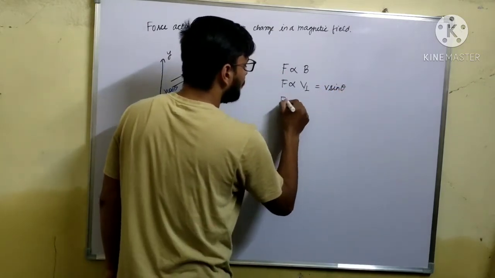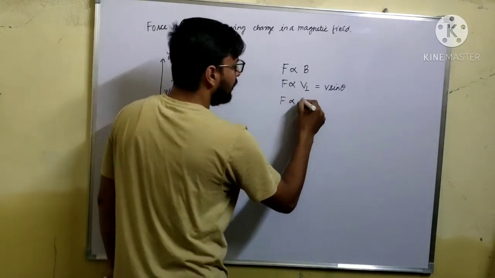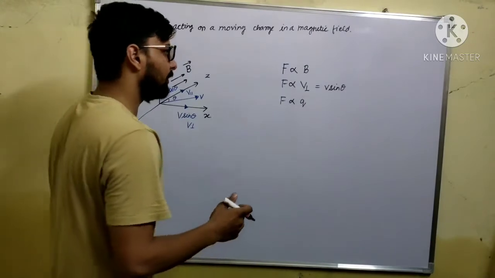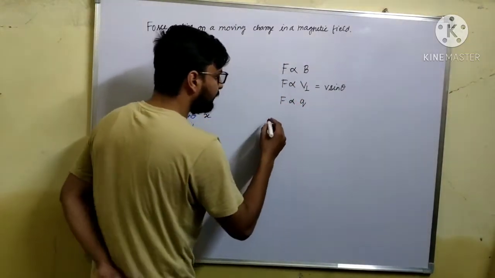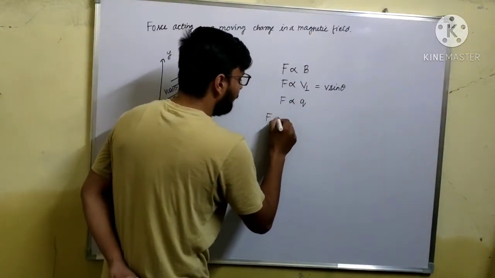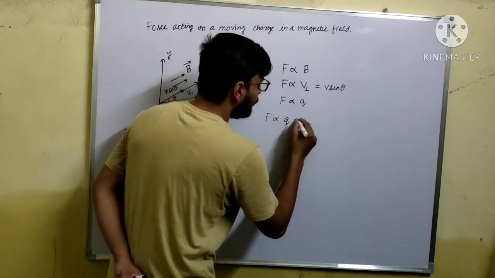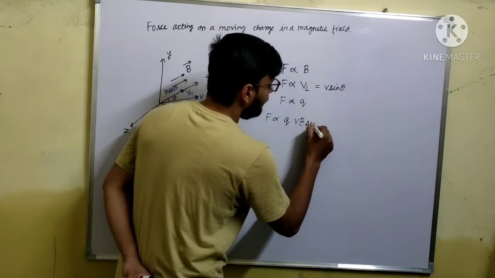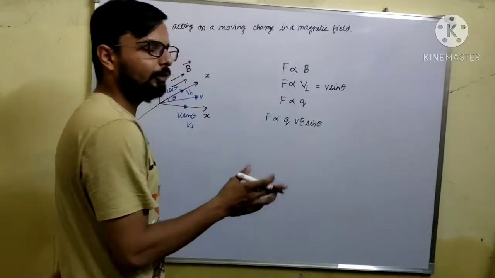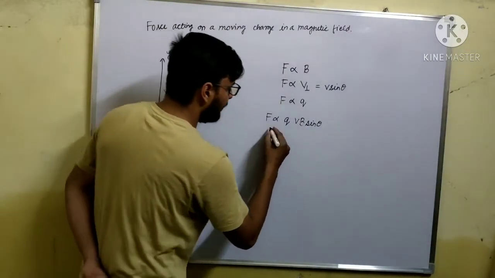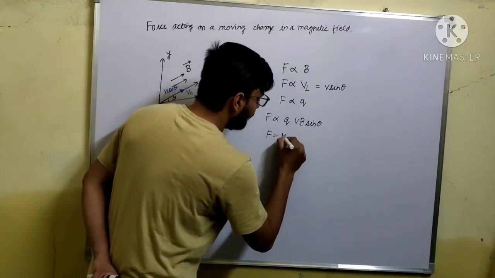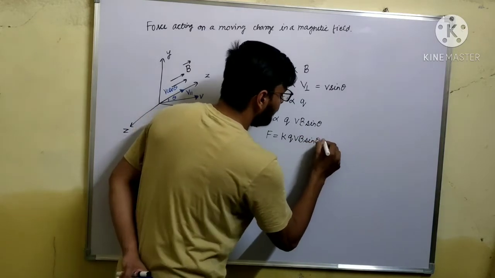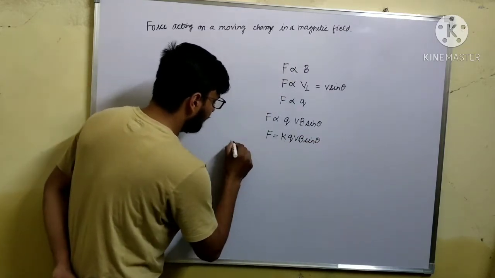And this force was directly proportional to the amount of charge moving in that magnetic field. If you combine all these three terms, you get F is directly proportional to Q V B sin theta. If you remove the proportionality sign, you get F equals K Q V B sin theta, where K is a constant.